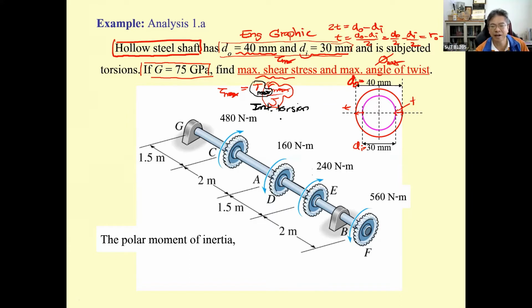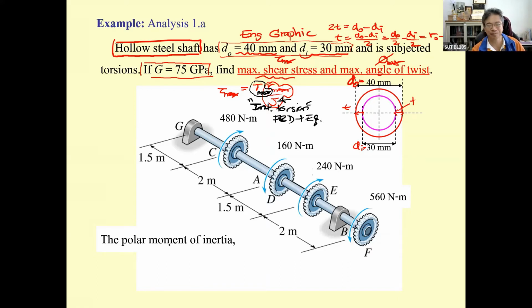You can find the internal torsion by the free body diagram and the equation of equilibrium.